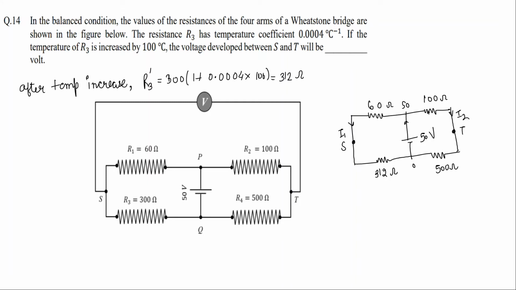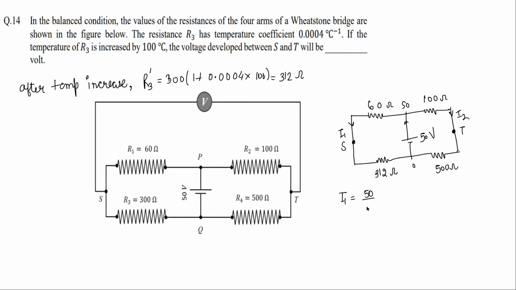So now what I have is, for I1 I'm talking about, okay, I1. So I1 would be V by R. V is 50 divided by the total resistance, that is 312 plus 60 ohms.